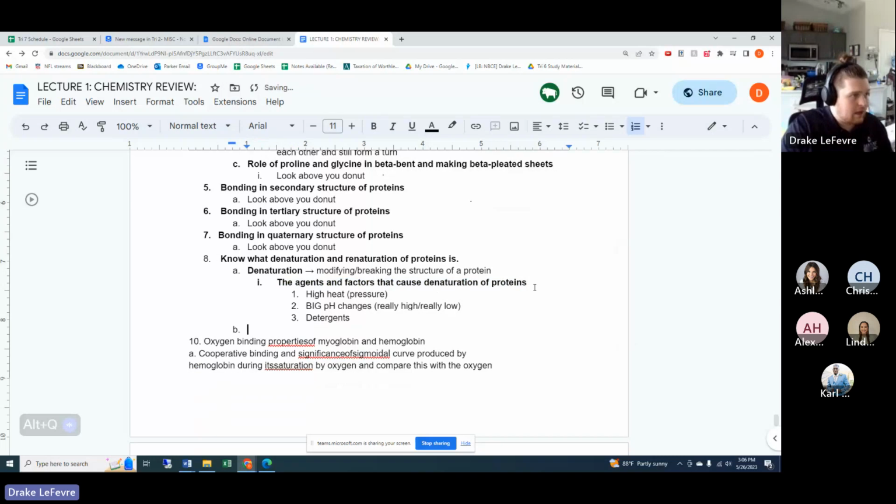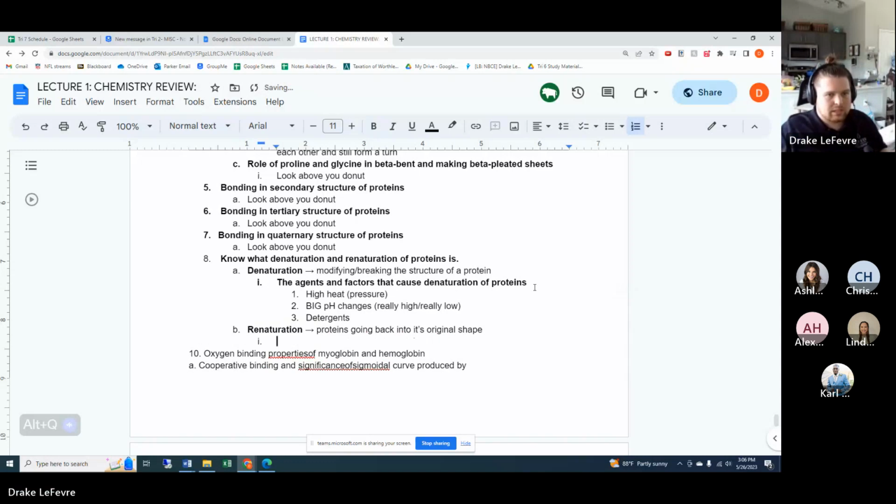Denaturation. Now, renaturation. It's literally just proteins going back into their original shape. So the big thing to understand about this is that renaturation will typically happen naturally, okay?